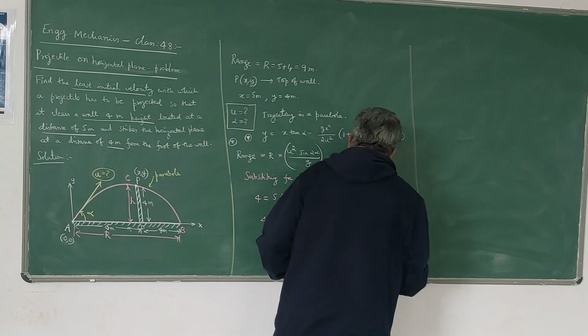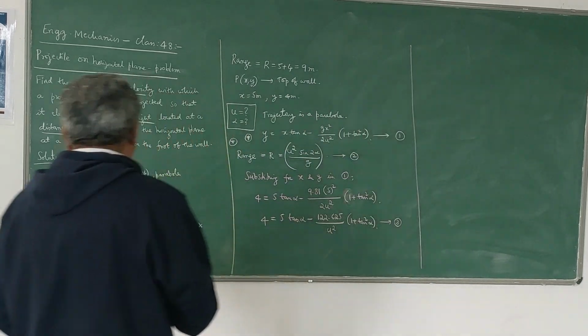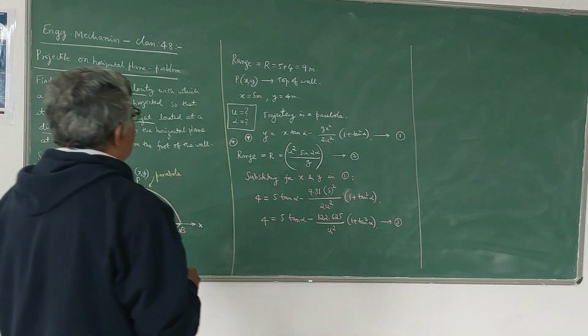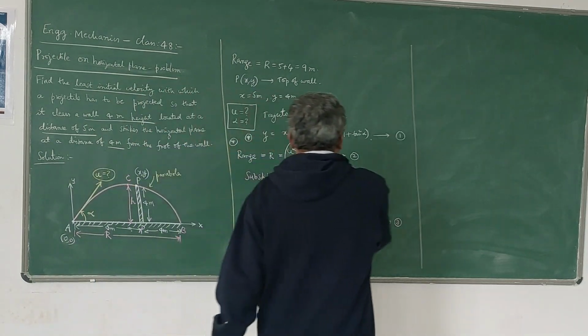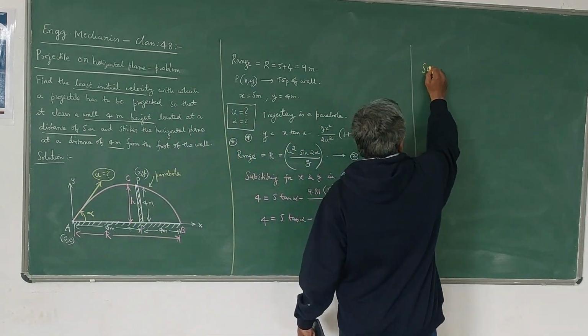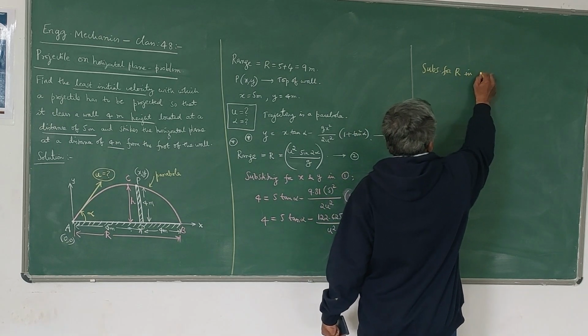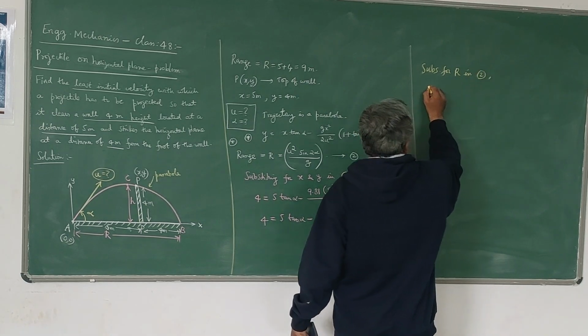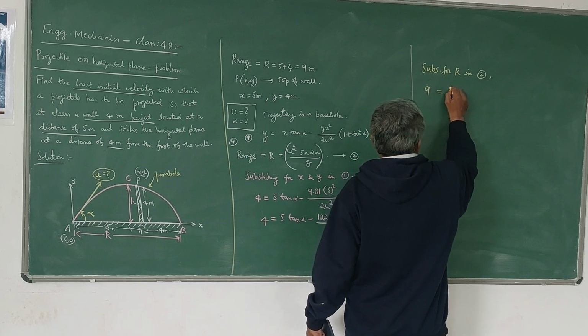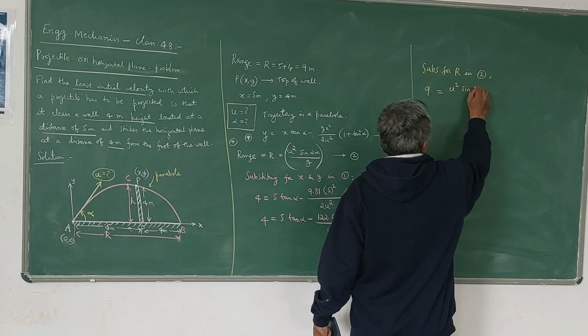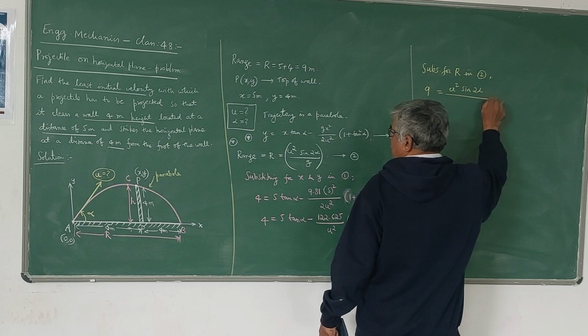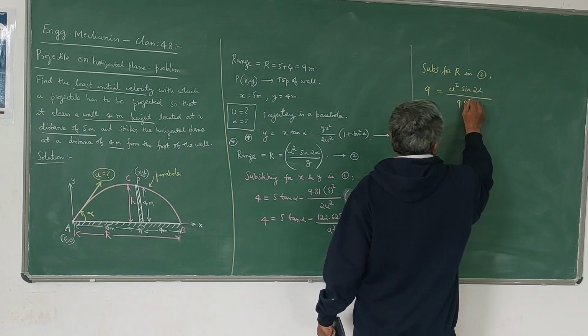Now I know the value of r here. R is 9 meters. That I will substitute in the second equation. Substituting for r in equation 2, 9 is equal to u square sin 2 alpha divided by 9.81.